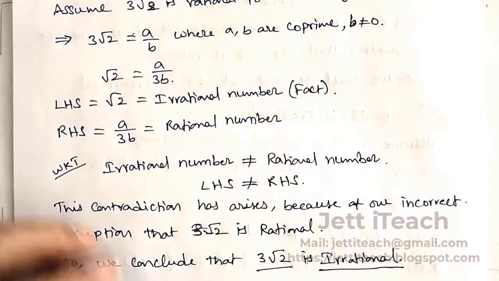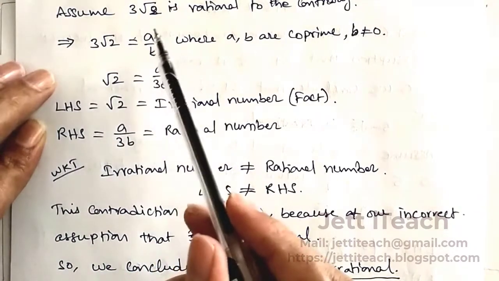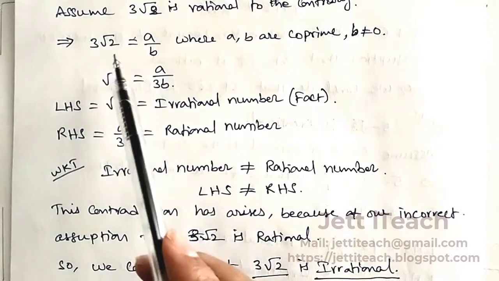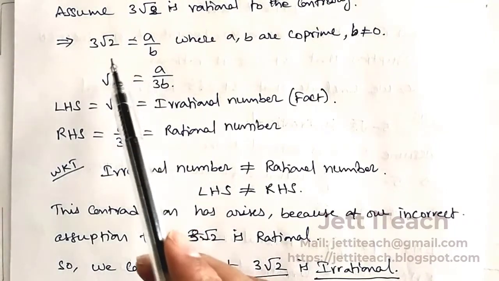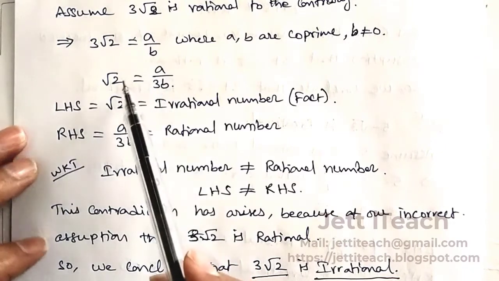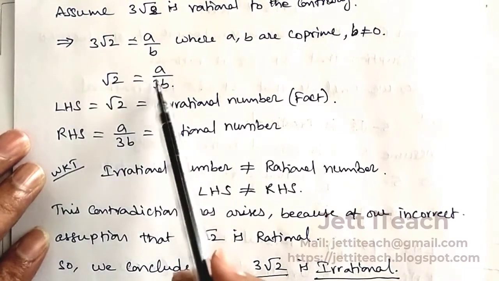Okay, I will explain this one once. We assumed 3 root 2 is a rational number, to the contrary. Since it is a rational number, we wrote it in a by b form. We simplified, and left hand side is the irrational number, right hand side the rational number.